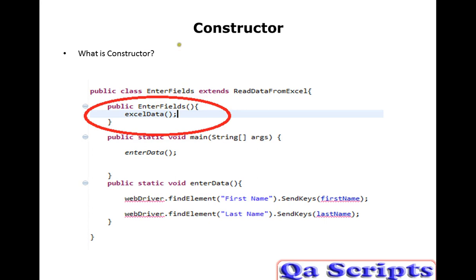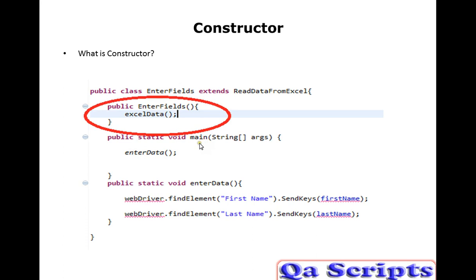Inside the constructor I am calling one method called Excel data. This method will read the data. I will give more explanation about the importance of this constructor, but as of now think that a constructor is nothing but a method having the same name as the class.